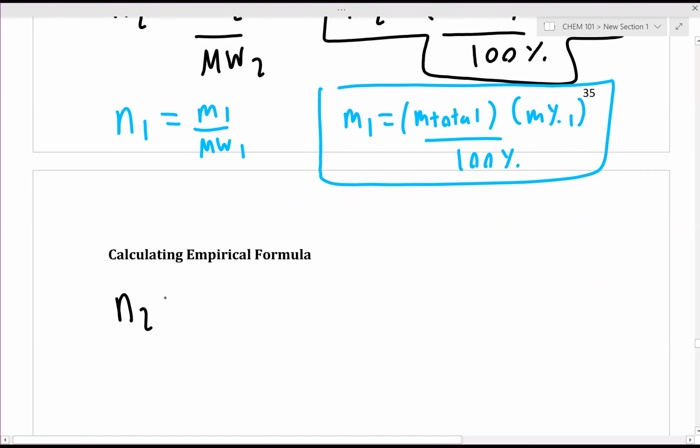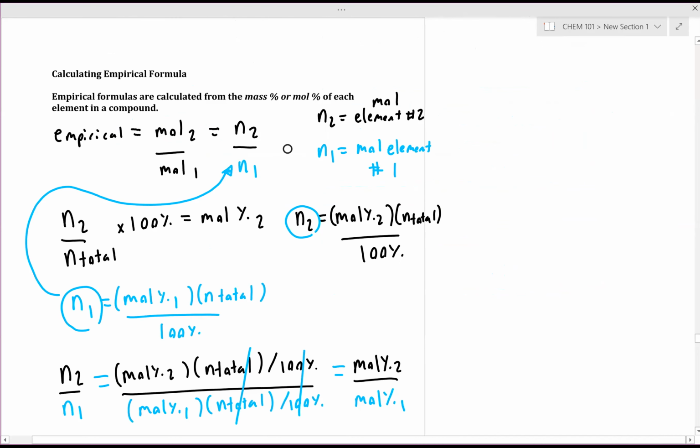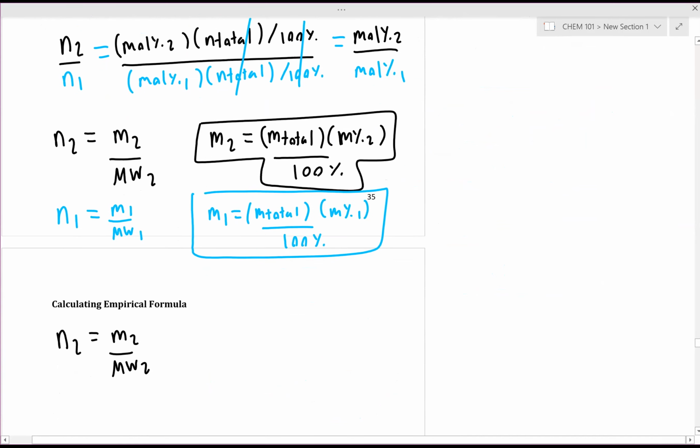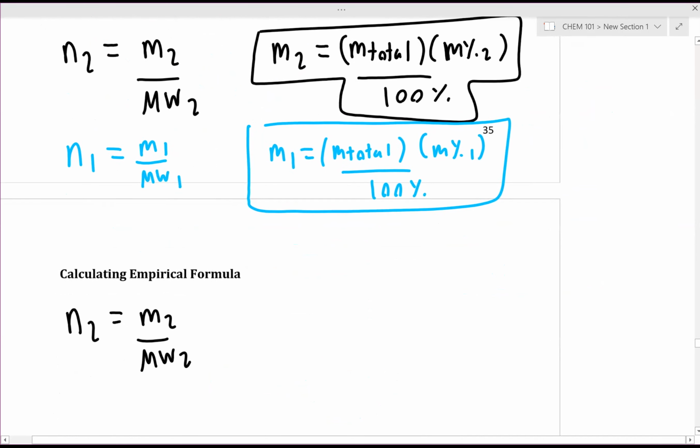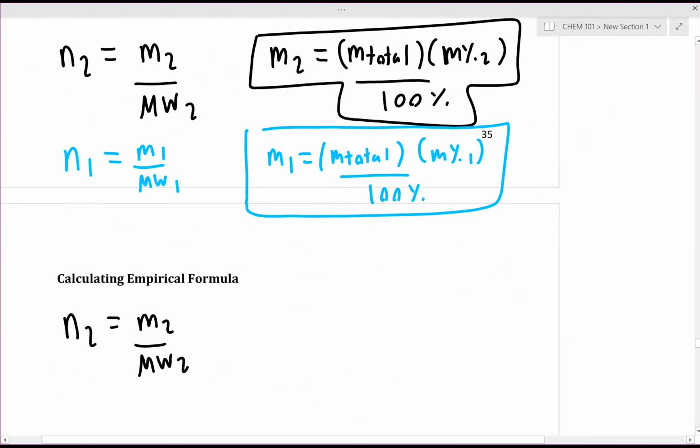So N2 is equal to M2 over molar mass 2. Let me set it up so we can see both of that. Here we go. Now, what did we say just moments ago that mass 2 was equal to? Can we substitute for mass 2? Yes. So let's plug in that whole expression.